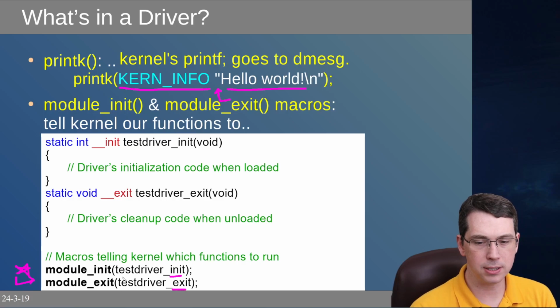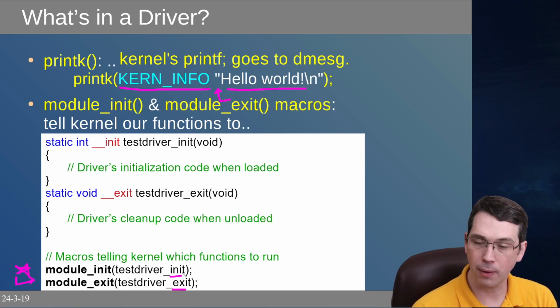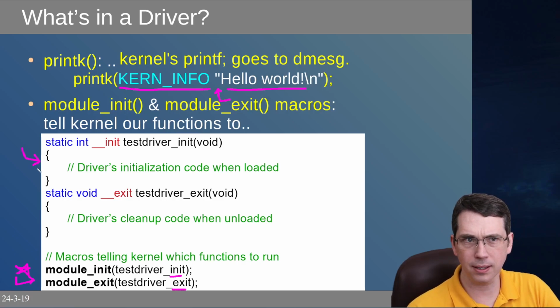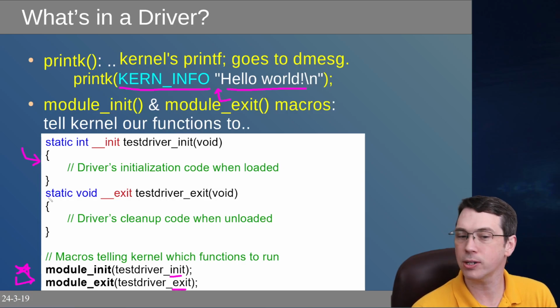But what really matters is these two macros. So module_init, and then we pass in a function name, which is a function pointer, and say which function we run when the module loads. We'll tell the kernel to load our module at some point with a command, and because of this macro, it will start executing this code. You can think of it a little bit like the constructor for our module.